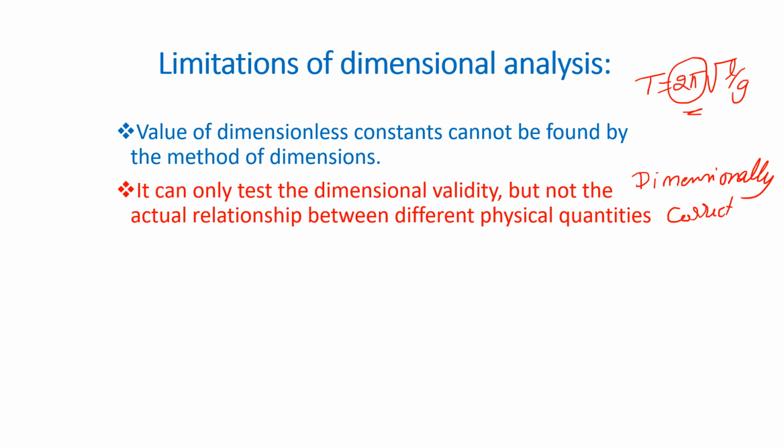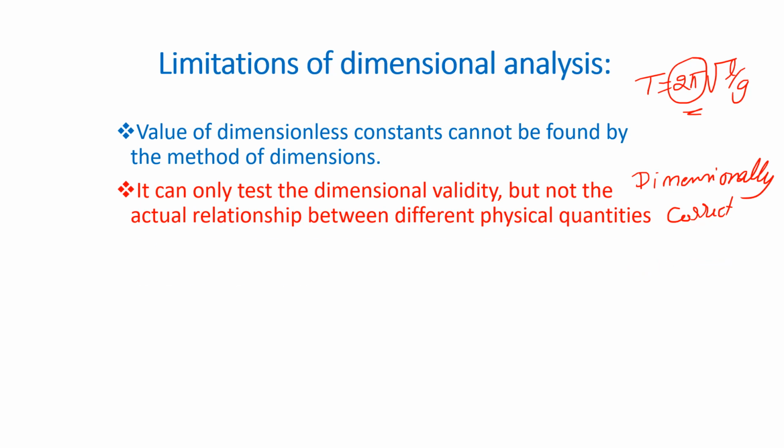For example, v square equal to u square plus 2as, where v is the final velocity and u is the initial velocity. But if I instead write u square equal to v square plus 2as, according to dimensional analysis, it says that it is dimensionally right. But whether it is actually right, no, that cannot be predicted by the method of dimensional analysis. That is the second drawback.